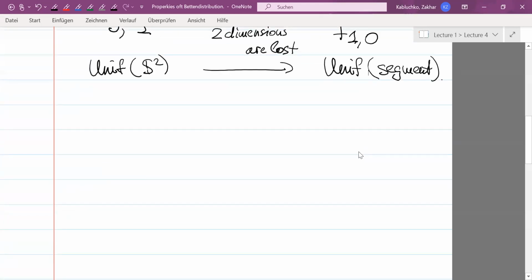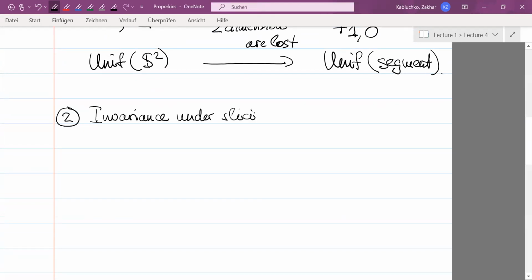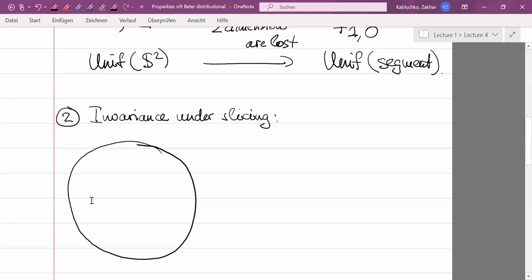Now, another property of the beta distributions is the invariance under slicing. Namely, if we take a ball, and somewhere in this ball the beta distribution lives, and now we intersect this ball by a hyperplane.